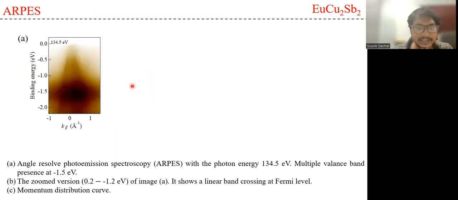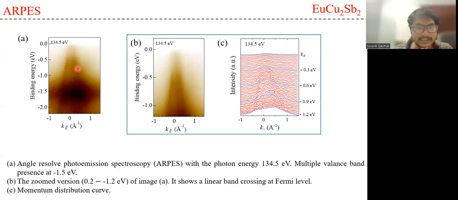Then we performed ARPES, angle resolved photoemission spectroscopy, with a photon energy of 134 electron volt, and we see this linear type band crossing near the Fermi level. This zero level is indicated as the Fermi energy. You can see this linear band crossing.